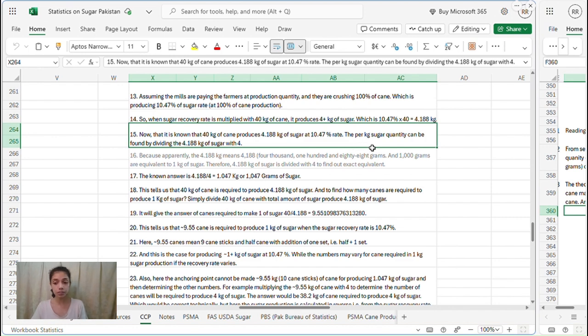So per kg sugar quantity can be found when we divide the 4 kg of sugar by 4.